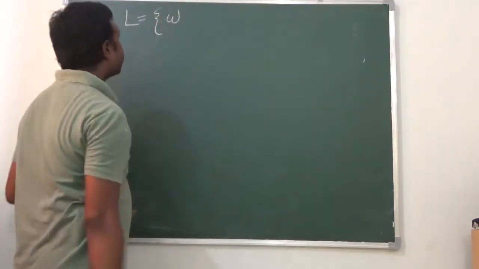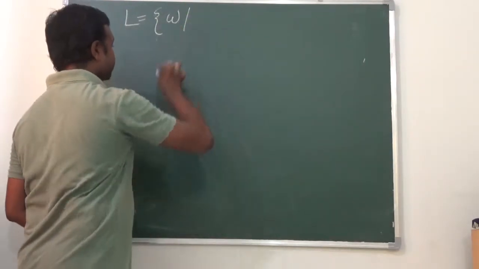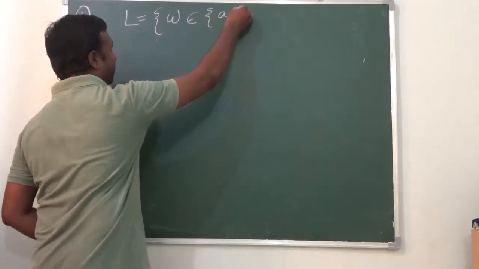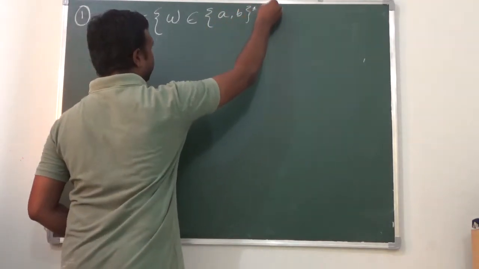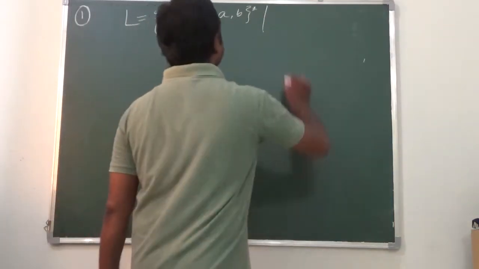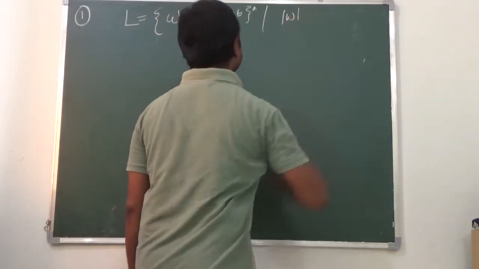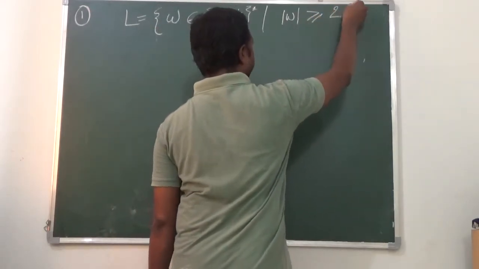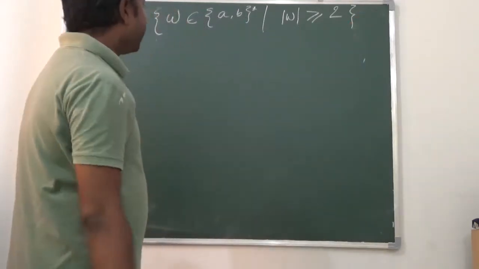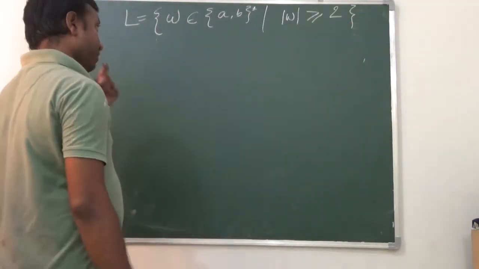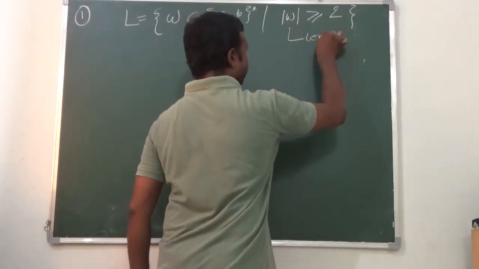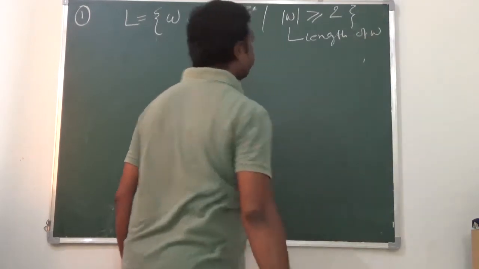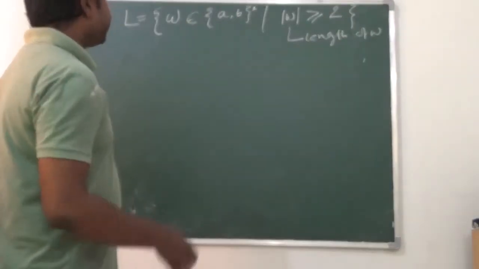It contains some string W belonging to {A, B}star such that the length of W is greater than or equal to 2. So the length of the string should be greater than or equal to 2.